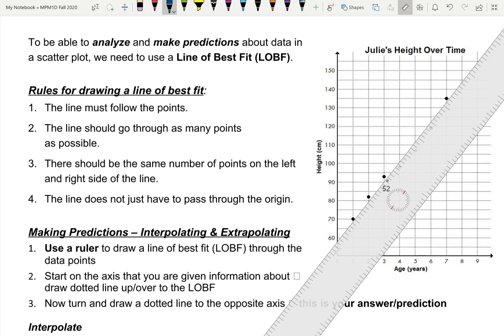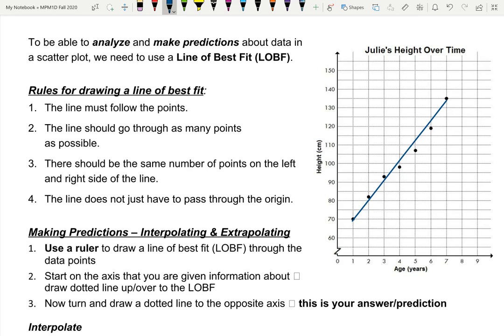I'm going to start with my first point, which is given to me at age 1, and I'm going to end at my last point, which is given to me at age 7. So I went through 2 points, and then I have these 2 points on my left, and then I have 3 points on my right.